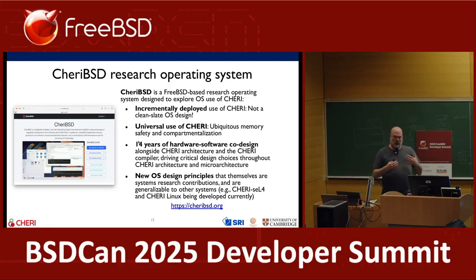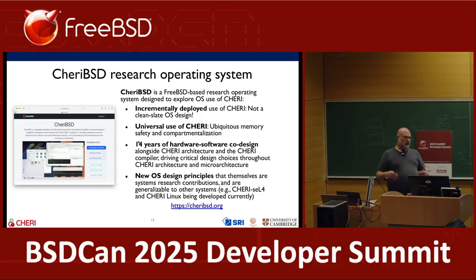One thing to be aware of with CHERI-BSD, though, is the compiler technology was growing along with the operating system. So many of the changes we've made are engineering artifacts of the tools we had at the time. And that's one of the things that we need to clean up on the path to upstreaming to FreeBSD. It's worth noting also that we've demonstrated that the basic ideas, around spatial memory safety in particular, are clearly portable.